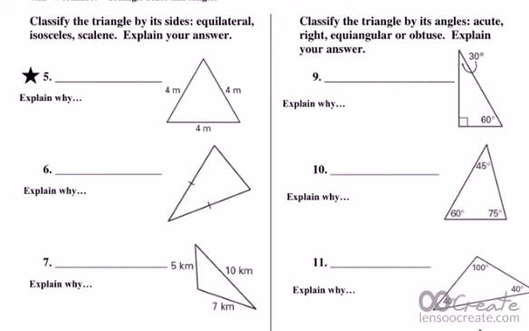All right, flip to page 2. We are going to be naming these triangles. Specifically, remember we're going to be talking about equilateral, that has 3 equal sides, isosceles, 2 equal sides, scalene, 0 equal sides. If I look at question number 5, we notice that it has 3 sides that are the same.